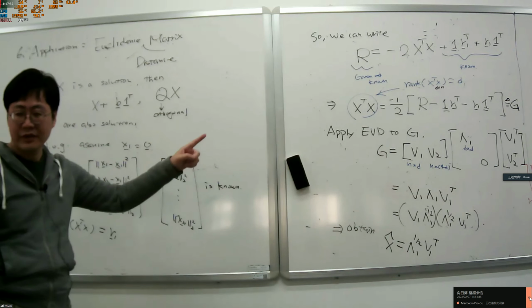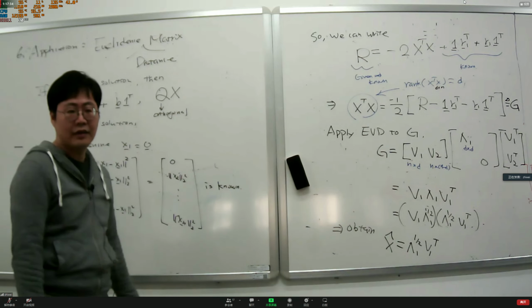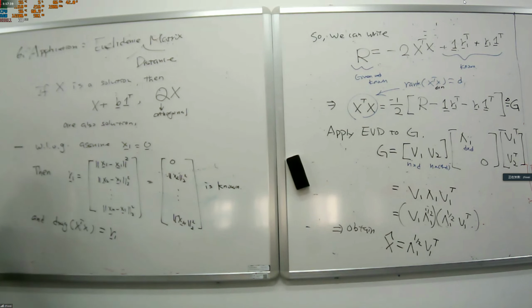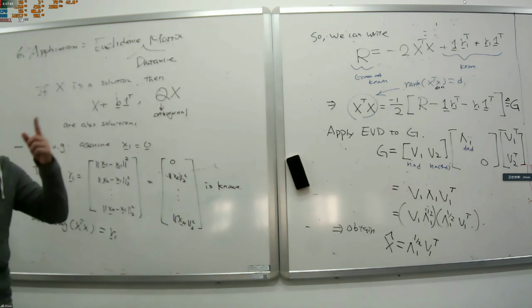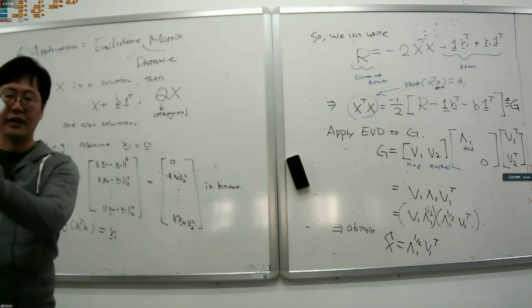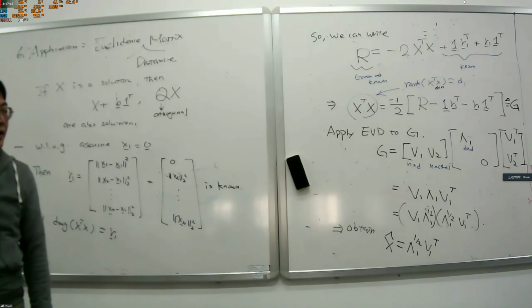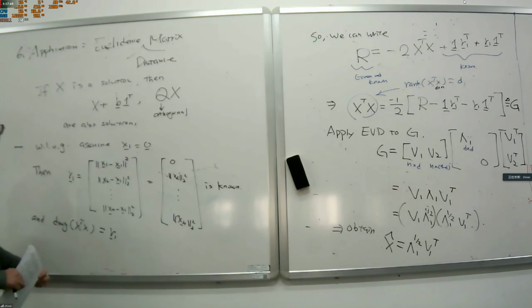But of course, the square root is not unique. And because we assume only one point is given, it's still subject to a rotation. Even if you know this point, you can still rotate around this point. Still subject to a rotation.